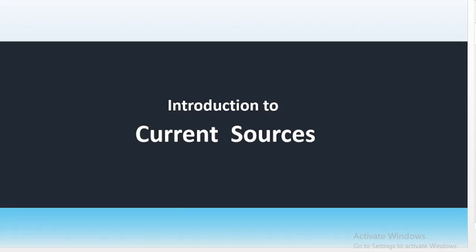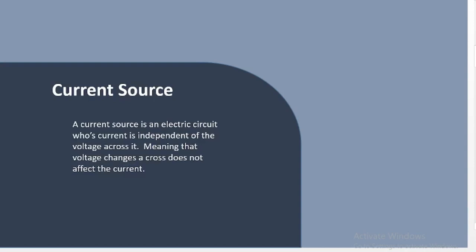Today we'll be looking at current sources. And first of all, let's start by seeing a basic definition for a current source. From here it says a current source is an electrical circuit whose current is independent of the voltage across it.